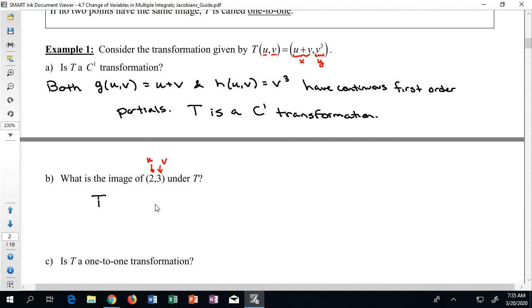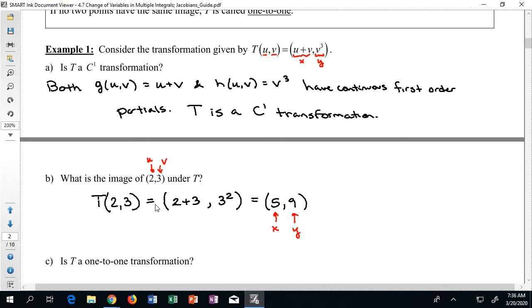Well, that's super easy to do because I already have the formula up there. If I take T and I plug in (2, 3), I know that what I'm getting back, according to the formula up above, is (2 plus 3, 3 squared). And that, of course, is the same as (5, 9), and I should keep in mind that this is now an X, Y point.